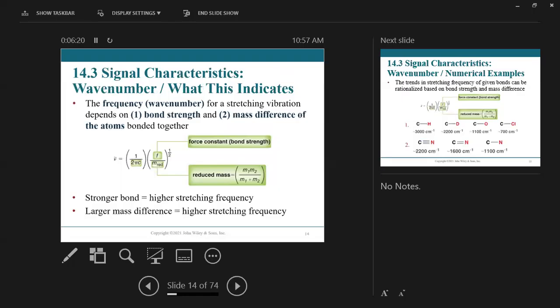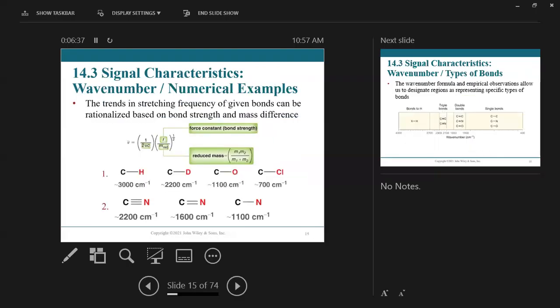And for those interested in the math about it, here it is. It says the stronger the bond, the higher the stretching frequency. The larger the mass difference, the higher the stretching frequency. I'll give you some examples right here.